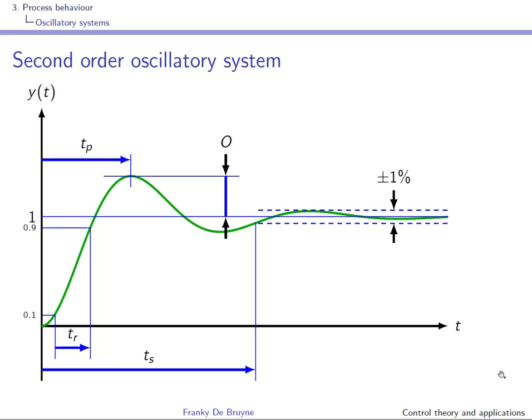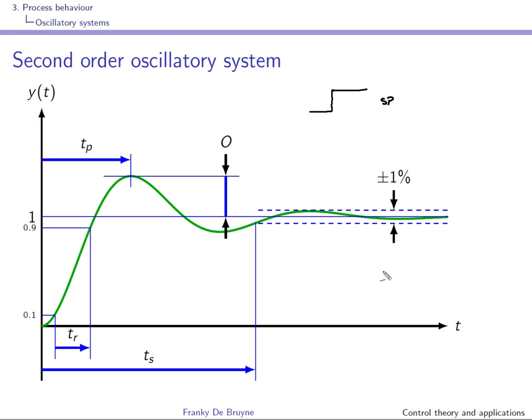We will assume that what you see here is the closed loop step response. So the input here is a unit step on the set point, and the response given here in green is this unit step closed loop response.